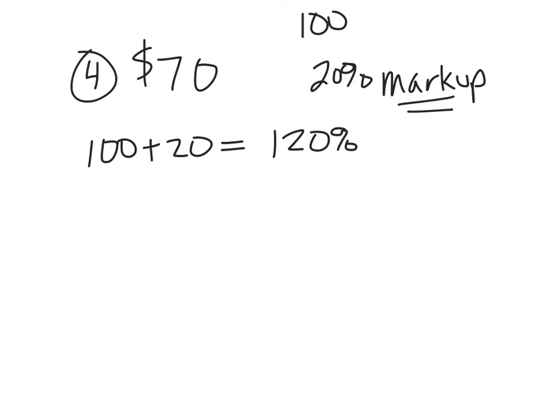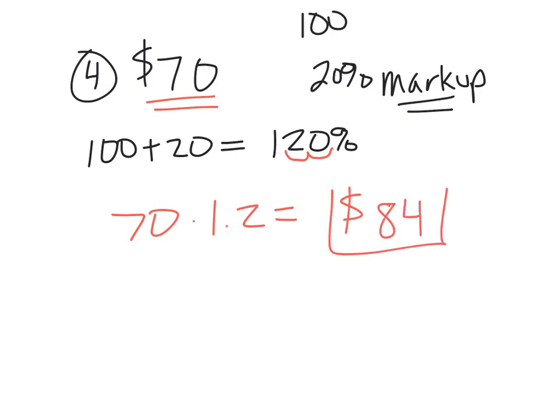So then that makes the math real easy. You do $70 times 120%, which if you move the decimal becomes 1.2. So then 70 times 1.2 is going to get you $84. So kind of a little bit faster method, I think, but really cool.